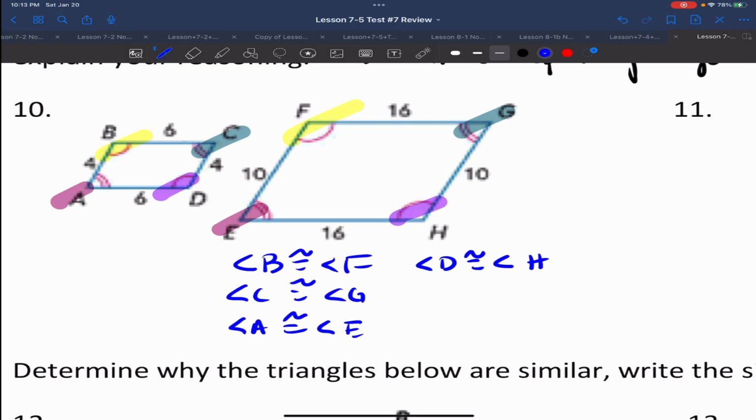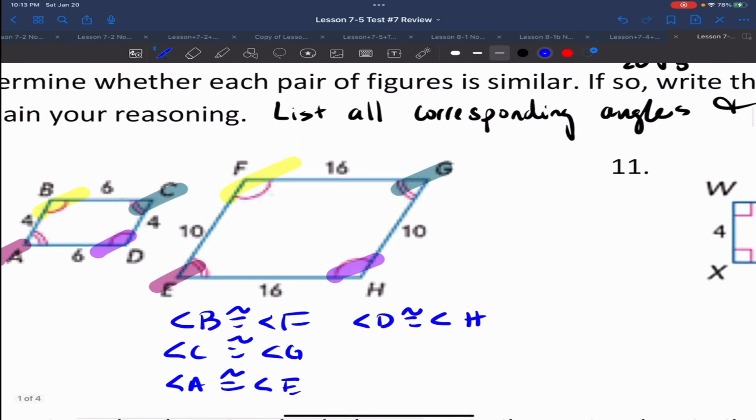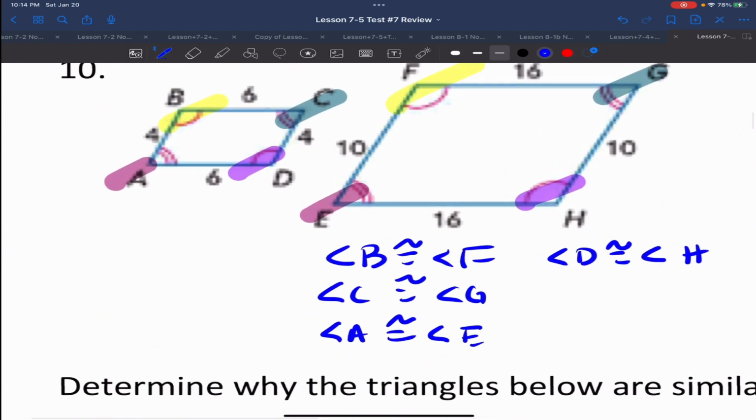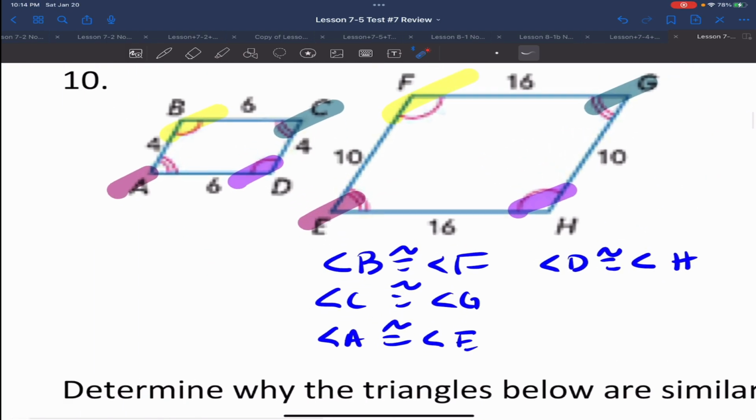So, now that I show that the corresponding angles are congruent, the question is, are the corresponding sides proportional? So, we have these two sides. We have the left side of the figure here, or the two figures here.